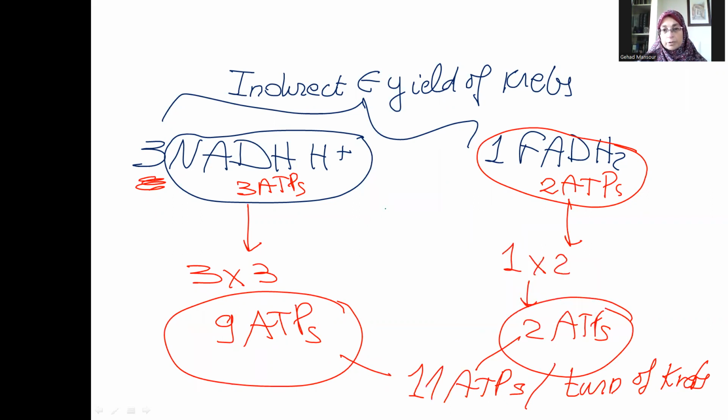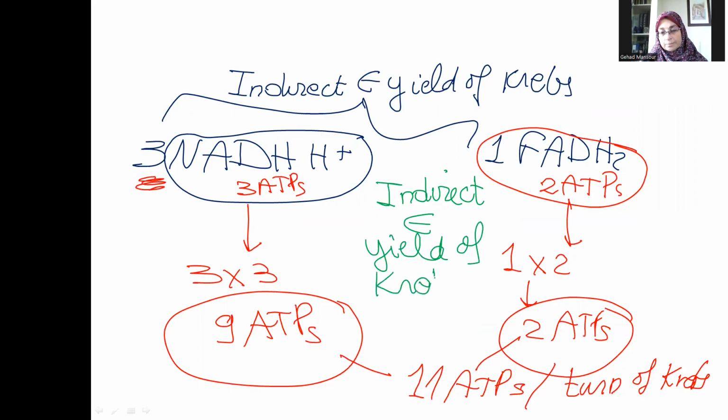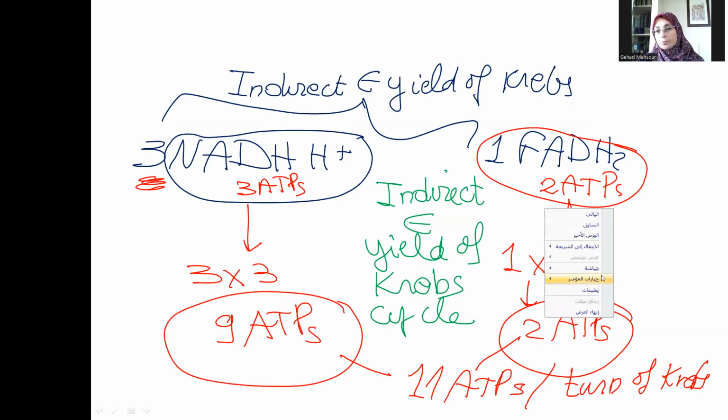This is what we call the indirect energy yield of Krebs cycle, okay? If you add to this the one that is produced from direct phosphorylation, then we would obtain the total energy yield of Krebs cycle.